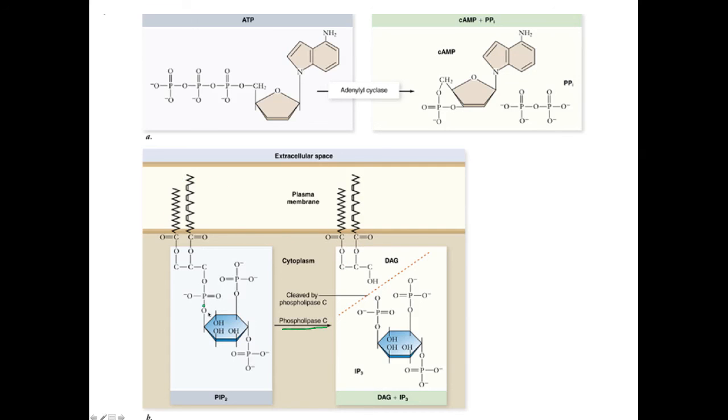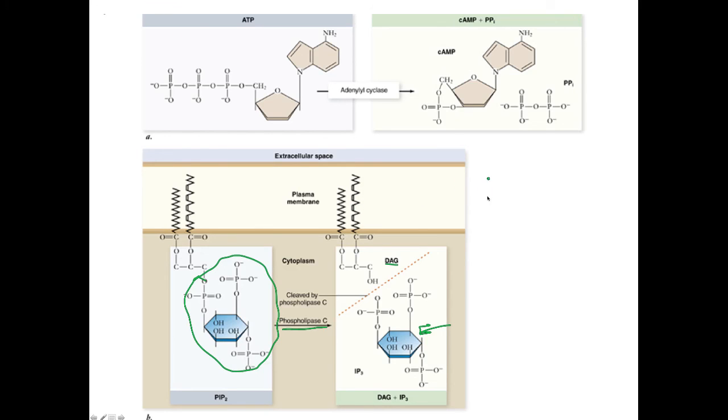So this is PIP2, and you can see it's bound to the membrane by these fatty acid tails in the hydrophobic lipid bilayer. But when phospholipase C is activated, it cleaves off this part of the molecule, the phosphates here. It cleaves off right here, producing this molecule here, which is IP3, inositol triphosphate, and the other product, diacylglycerol, remains embedded in the plasma membrane.